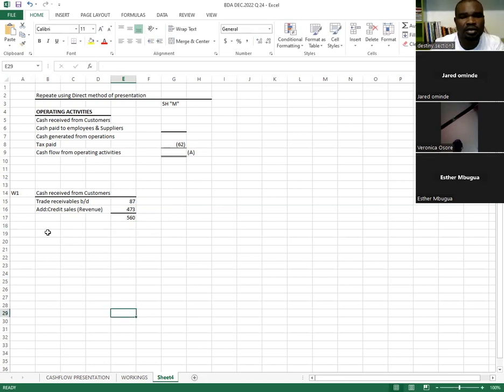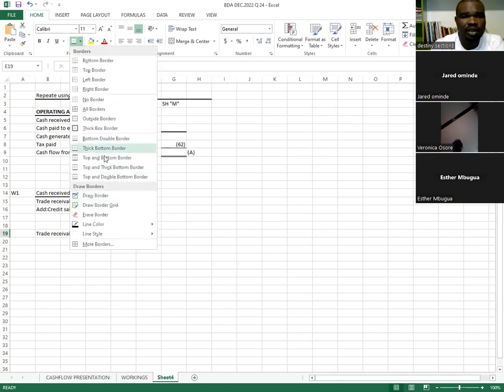Skip one line. You have trade receivables carried down. If you check, you will be able to see 95. So we are expecting a total value of 560, but we are being given there 95.